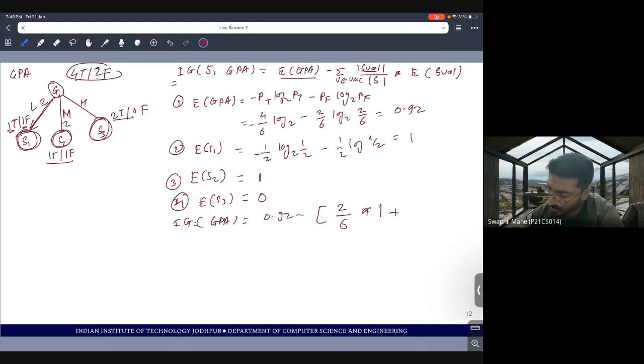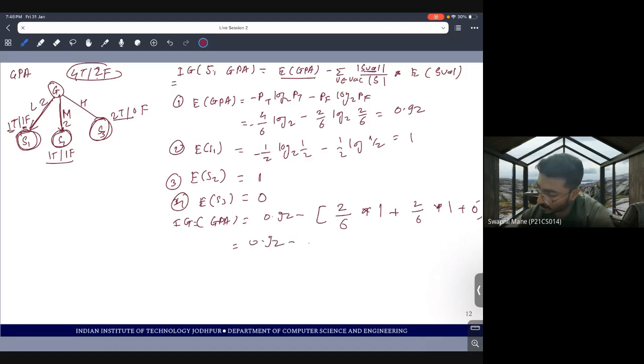So how many are we getting, 6, and how many here, 2? So 2 divided by 6, because after splitting only two records are coming from here. 2 divided by 6 times 1, plus 2 is directly 0.